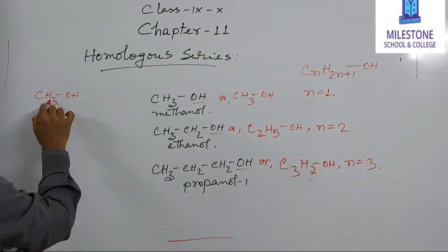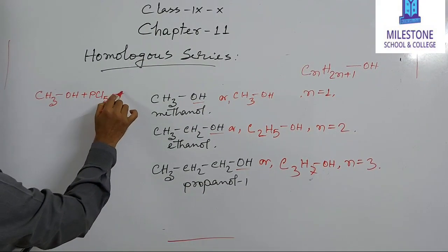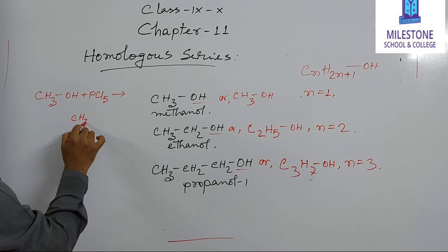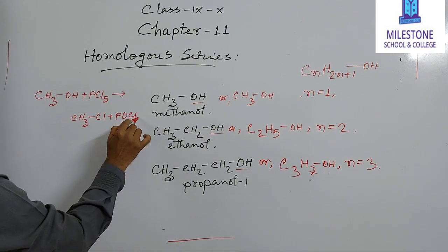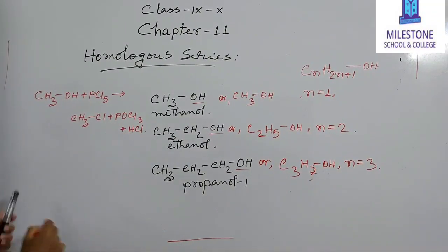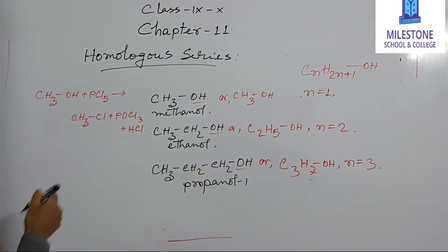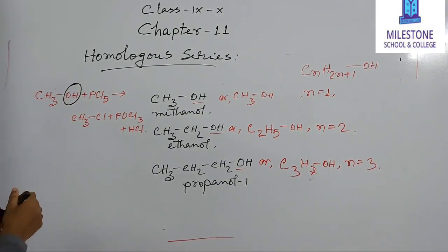Suppose methyl alcohol reacts with phosphorus pentachloride to produce methyl chloride, phosphorus oxychloride and hydrogen chloride. Here actually only the OH group takes part in the chemical reaction.